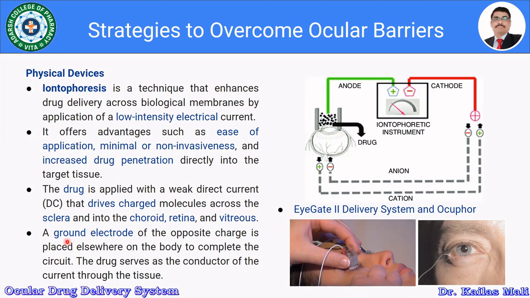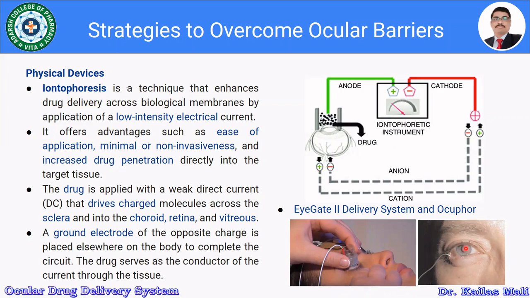A ground electrode, or return electrode, of opposite charge is placed elsewhere on the body. So here, look at this iontophoresis delivery. This is the actual device in which the drug is placed, and here the return electrode or ground electrode is present. The ground electrode of opposite charge is placed elsewhere on the body to complete the circuit, and the tissue serves as a conductor of the current.